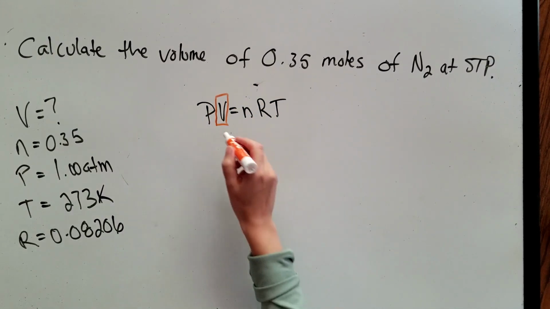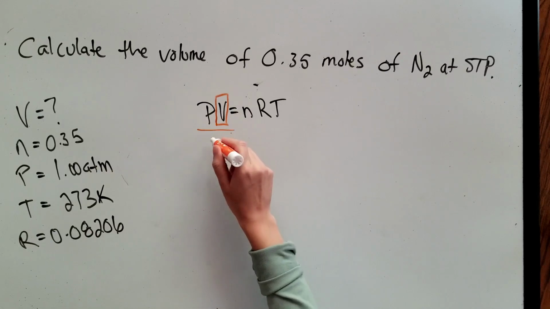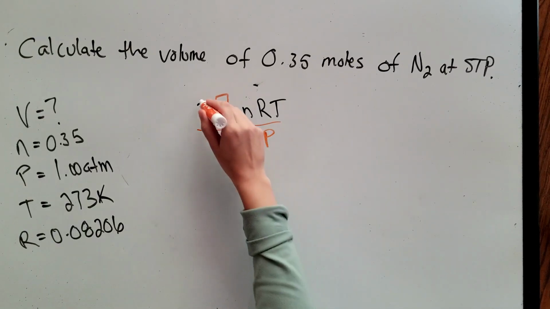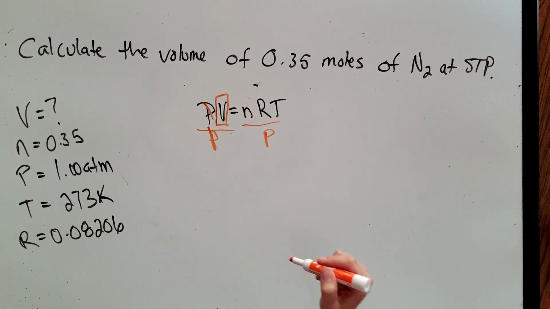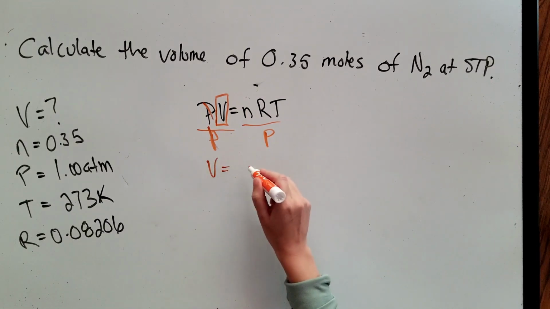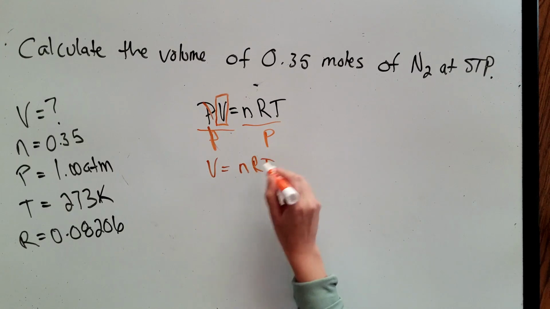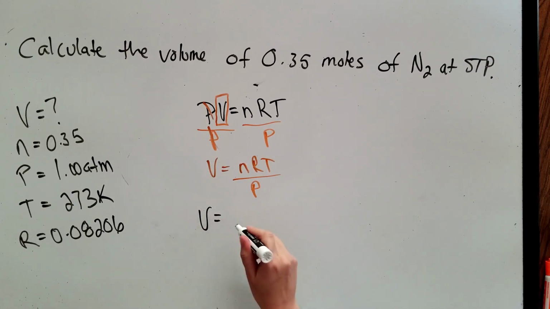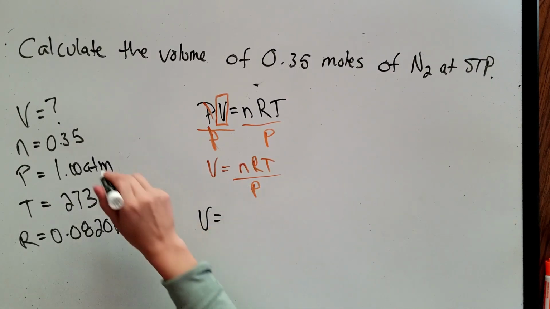So to get the V by itself, we've got to get rid of the P. It's in the numerator, so we're going to divide by P on both sides. It's going to cancel it out on the left side of the equation, leaving V by itself. We have nRT divided by P. So plug in what we have, our n, the number of moles.